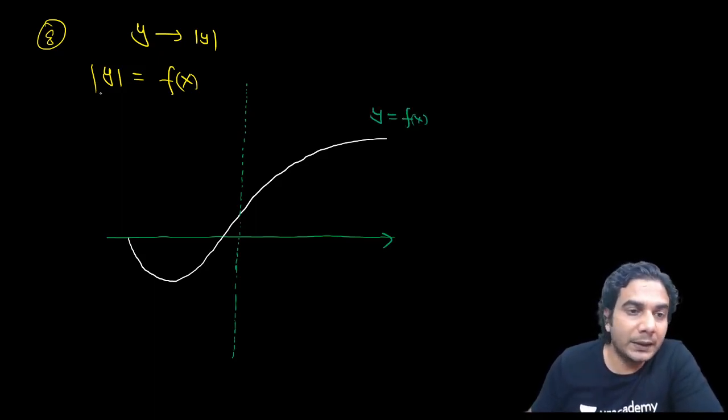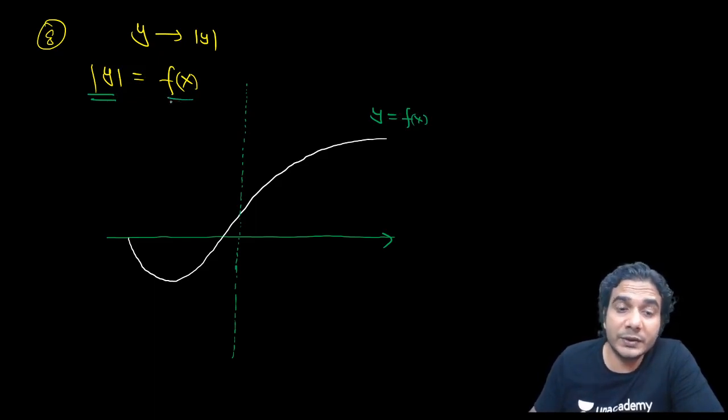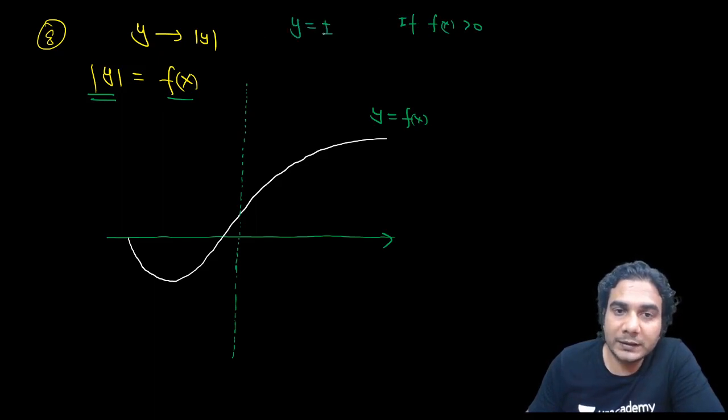Now see, left hand side is a positive number. Mod of y is a positive number. So f of x must be positive. So if f of x is positive, then you'll get y is equal to plus minus of f of x, okay. And if f of x is negative, then no equation, no solution, okay, no value of y.